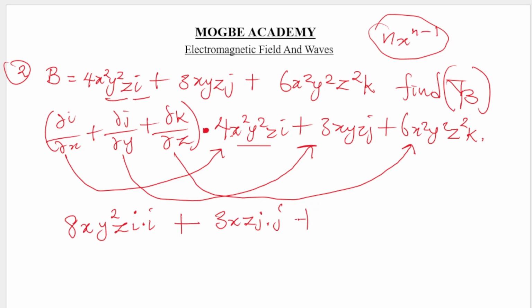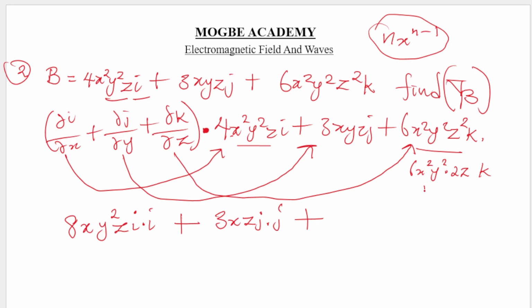The next one is plus 6x square y square z square of k. We are differentiating the k component here with respect to z, and that is z square. If you differentiate z square, that will simply give you 2z. So what you have here will now be 6x square y square multiplied by 2z of k, such that 6 multiplied by 2 gives you 12.